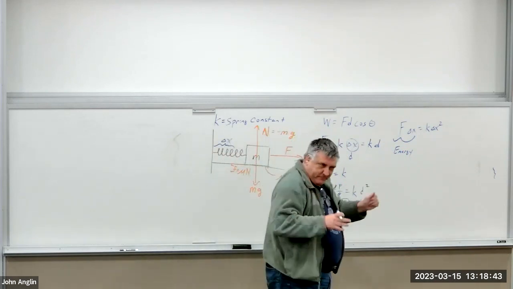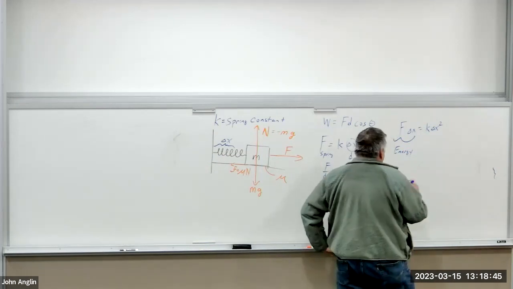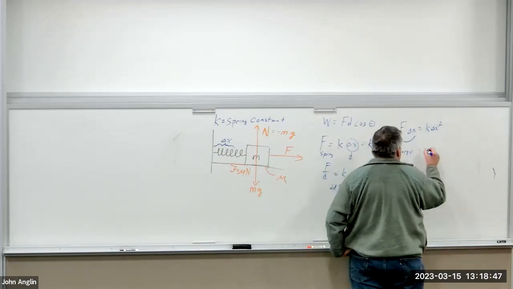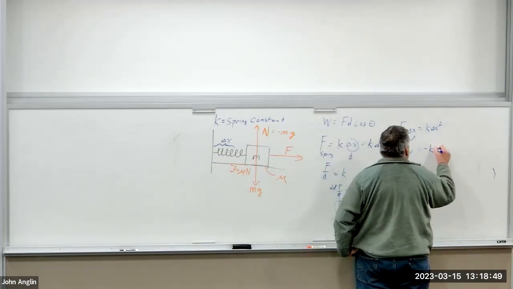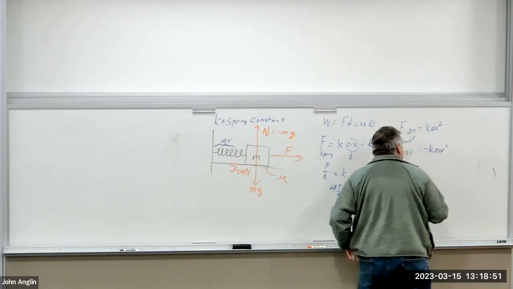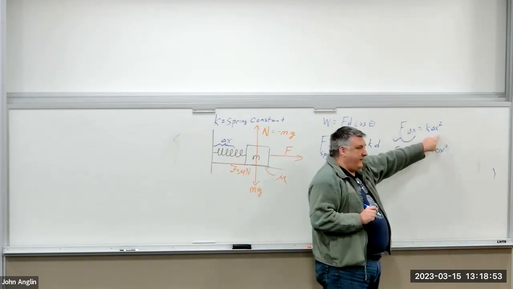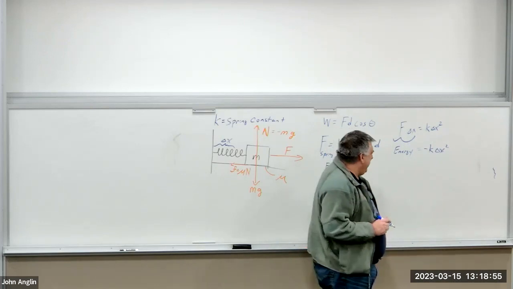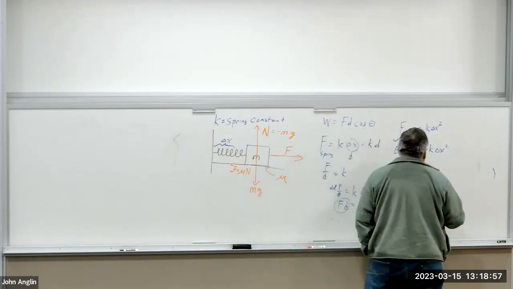That's all the spring potential there is. And if the system is closed, then if we take the negative of k delta x squared, that's got to be the kinetic energy.